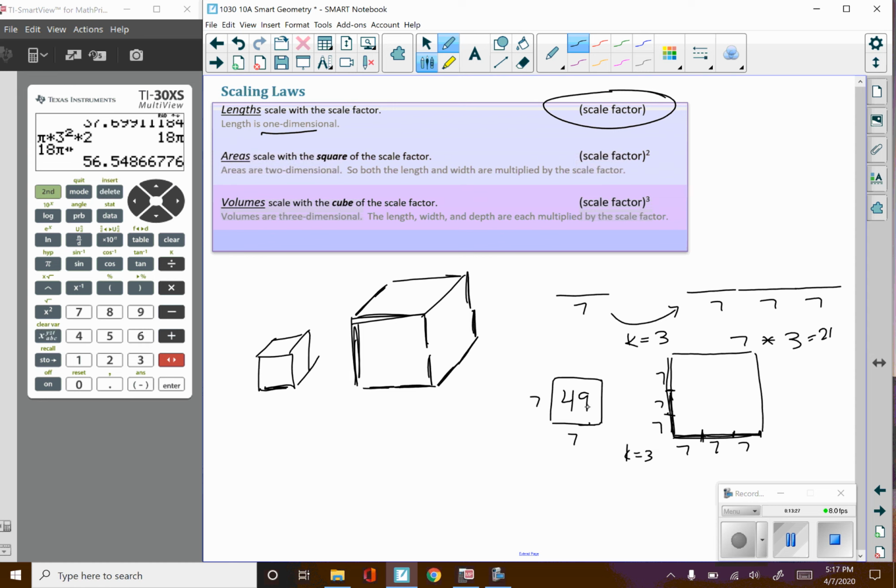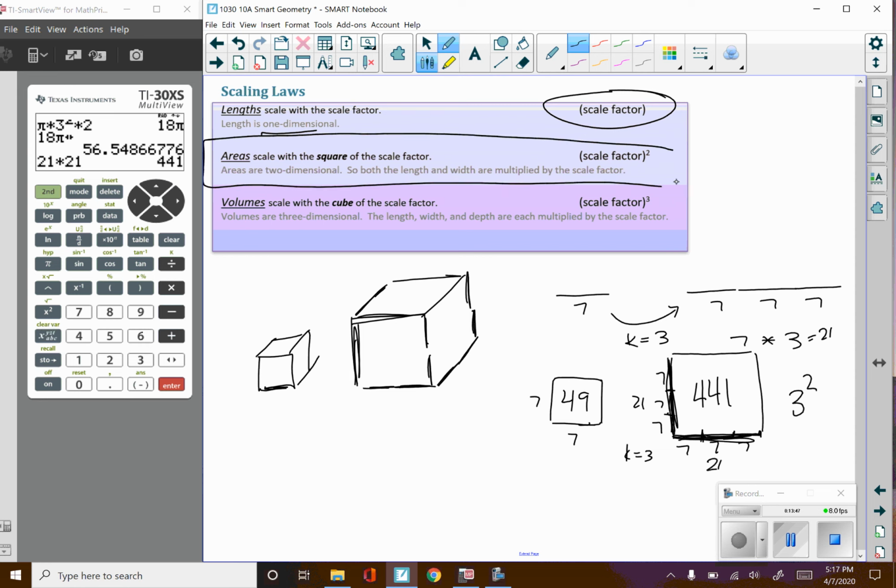The original area was 49, but the new area would be 21 times 21, which is 441. It's getting multiplied by 3 in each direction, so it's getting multiplied by 3 squared. For area, you have to square the scale factor.